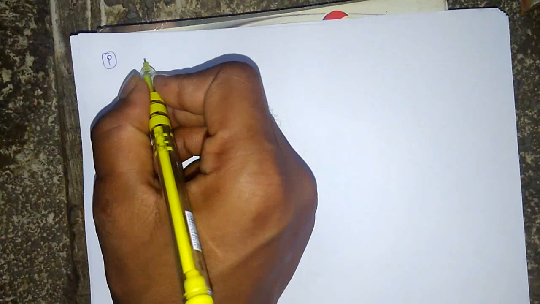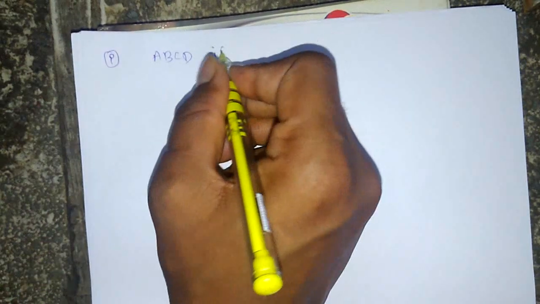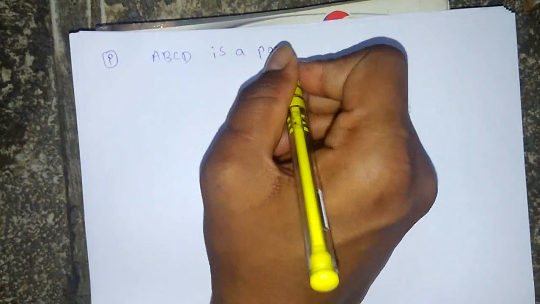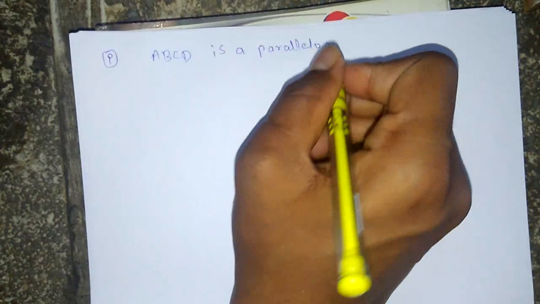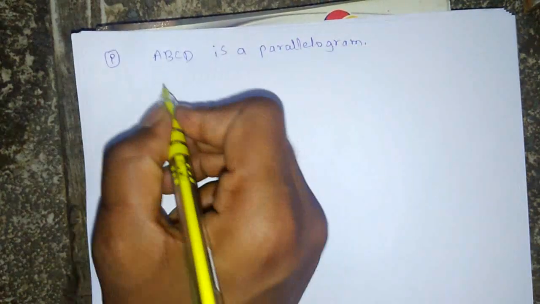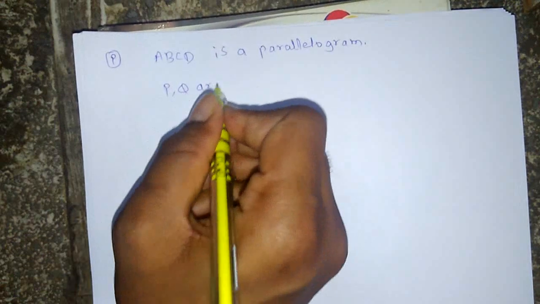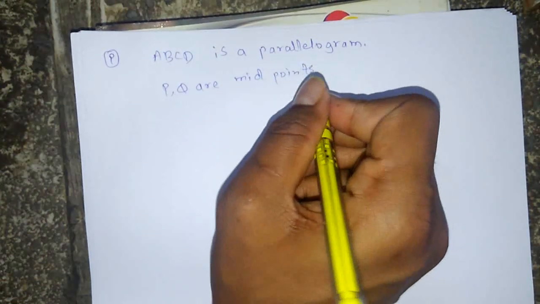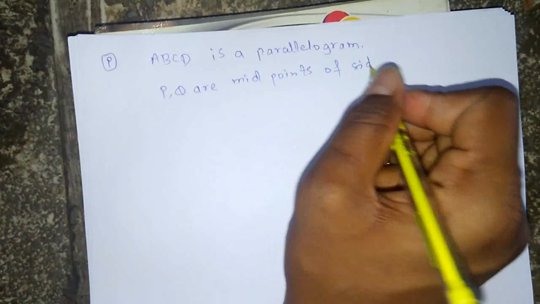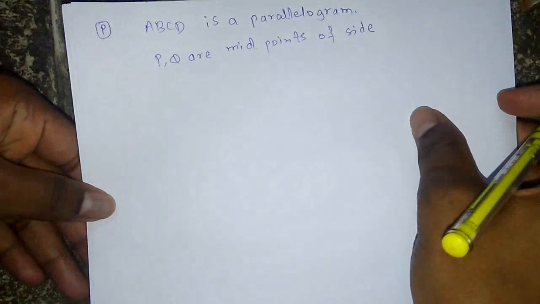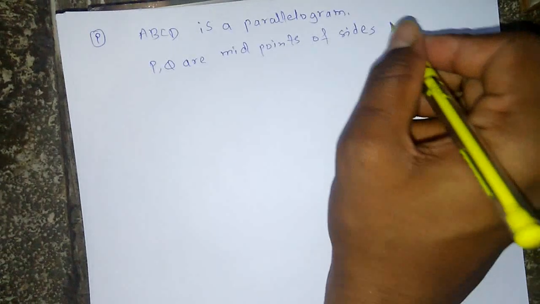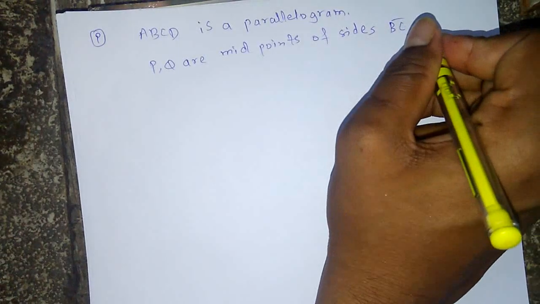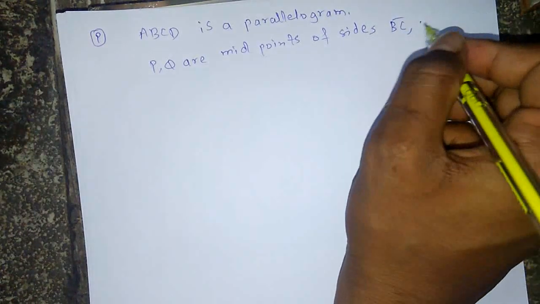So our next problem is, ABCD is a parallelogram and P, Q are midpoints of sides BC and CD.